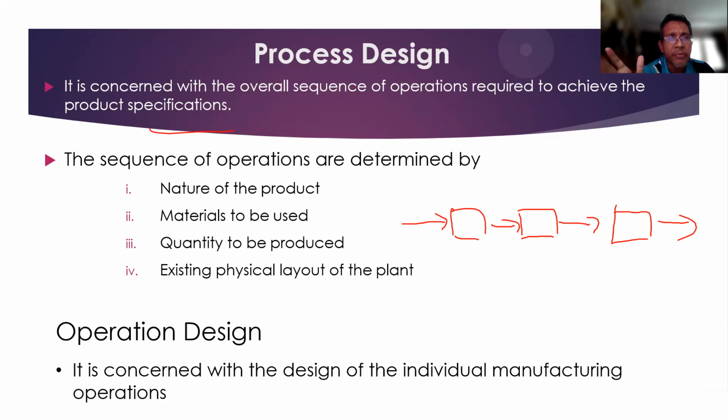Because if we see the nature of product, some products, for example, like liquid, for example, oil and gas industry, they have a liquid or gas. So for that particular process, we need to use, for example, continuous production. So we can use continuous flow production. So we cannot use discrete production, like an assembly line in car manufacturing.